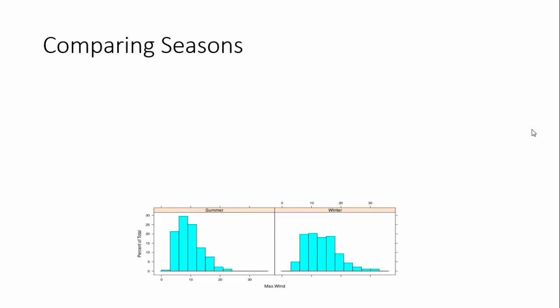This is the same data where I've taken those 365, but I've broken it down. I've plotted about half of them over here, these are the numbers that I had before, but just the summer months, a histogram of the summer months. And then I get the histogram of the winter months as well, those six months of the winter.